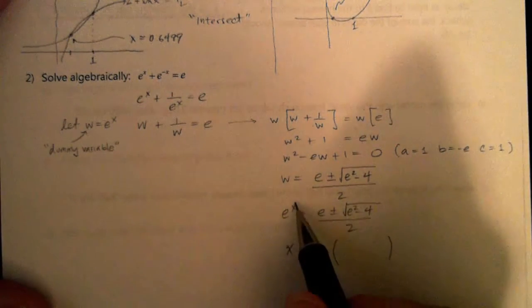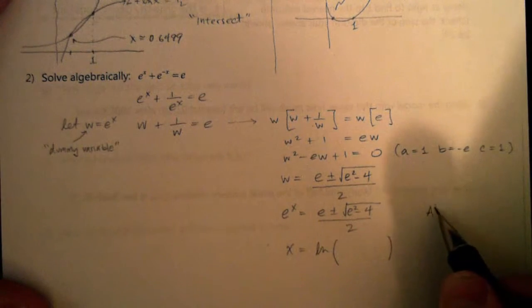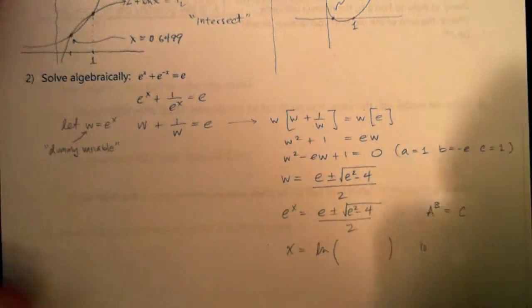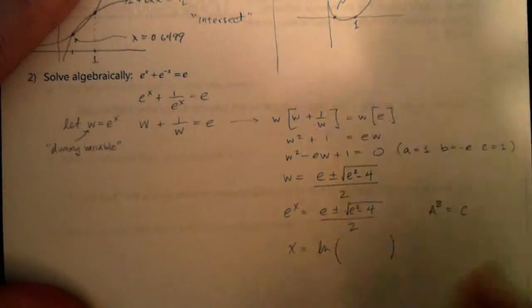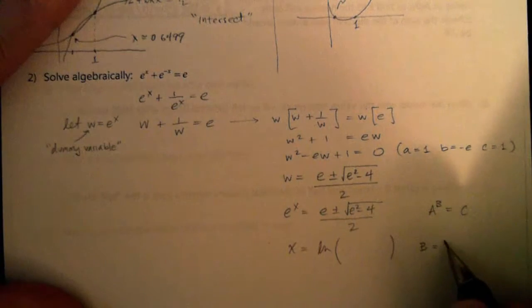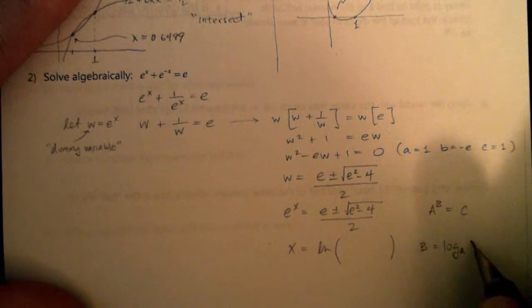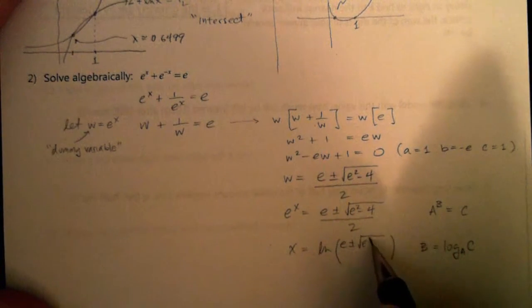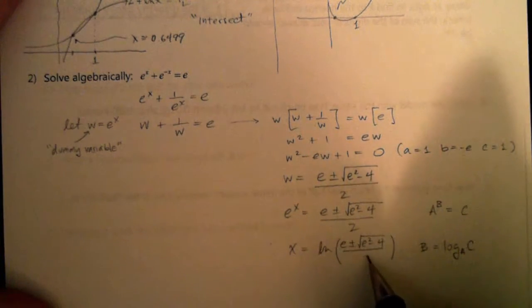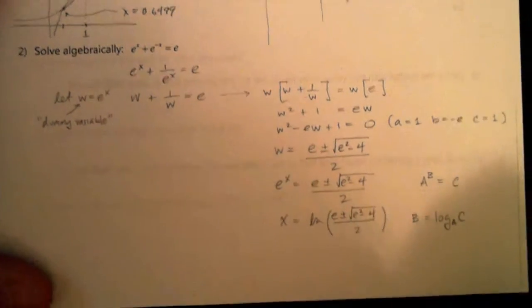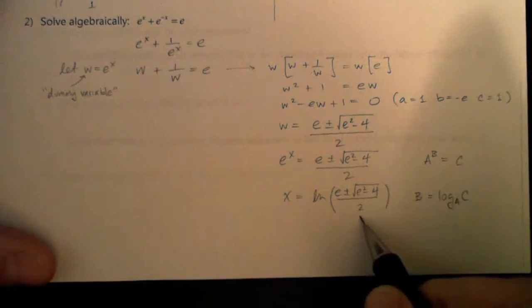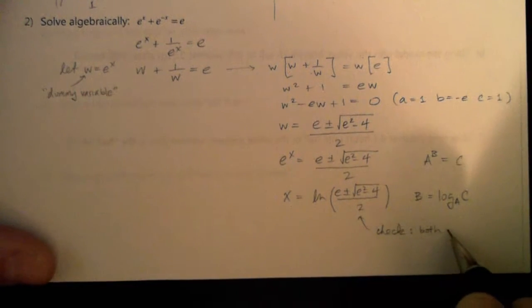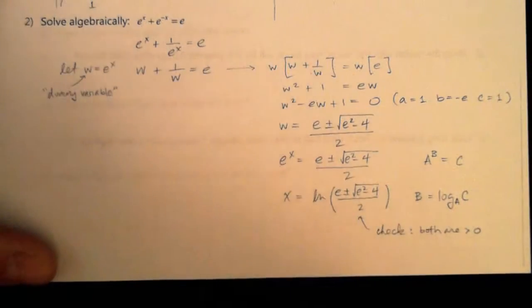Again, a to the b equals c would be b equals log base a of c. And it's good to check that both of these are strictly greater than 0.